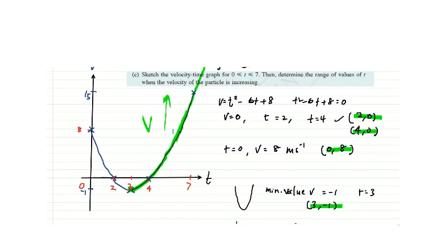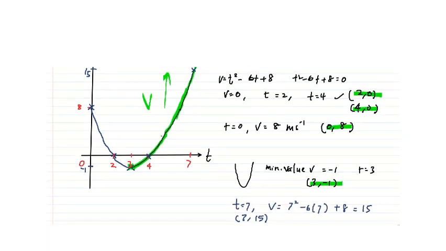So v is increasing when t is more than 3 seconds.